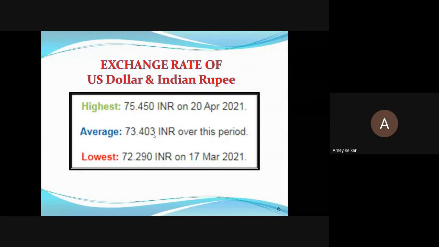Okay, but I've taken a period from March to April. Anyone else? Sir, on average, the Indian currency value will be around 73.403 over this period. Okay. And on March 17th, we had the lowest, that was 72.29.